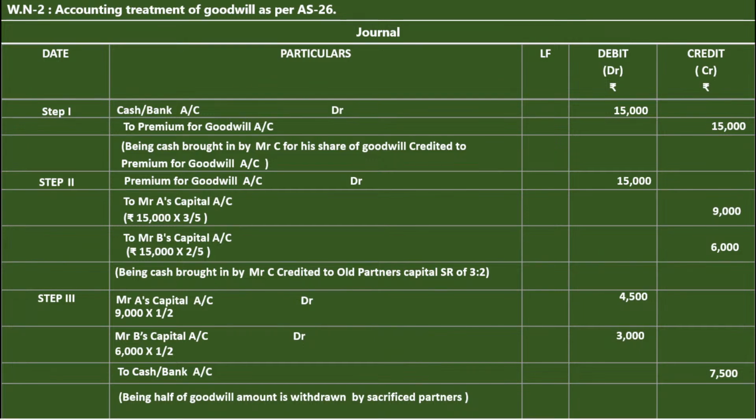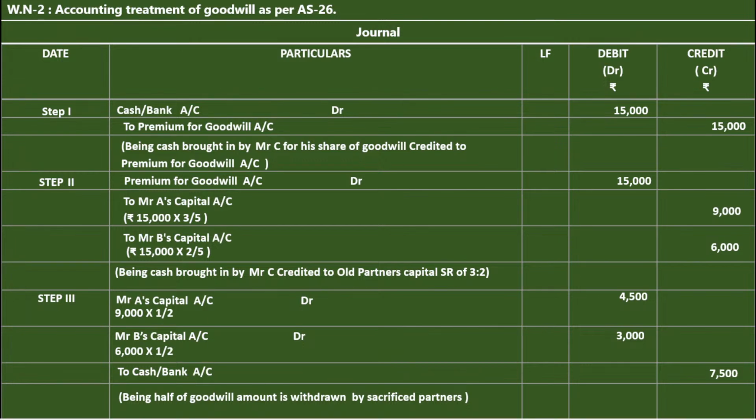So cash or bank account debit to premium for goodwill account. Second step is to distribute this goodwill. In order to close this premium for goodwill account, earlier it was credited, now it should be debit. Premium for goodwill account debit to Mr. A's capital account. This amount entered into A's capital, so increase in the capital, credit. To B's capital account, his share of goodwill entered in his capital, increase in the capital, credit.